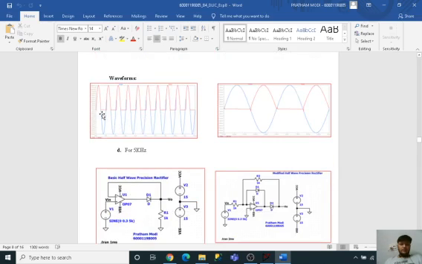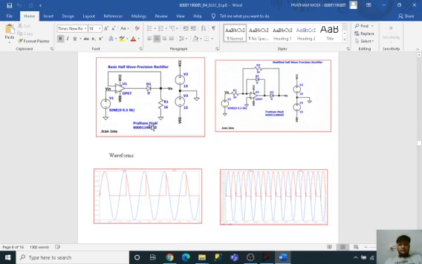Just have a look at this input. These are getting spikes, coming like pulses. But if you see over here, this is a proper sine wave.